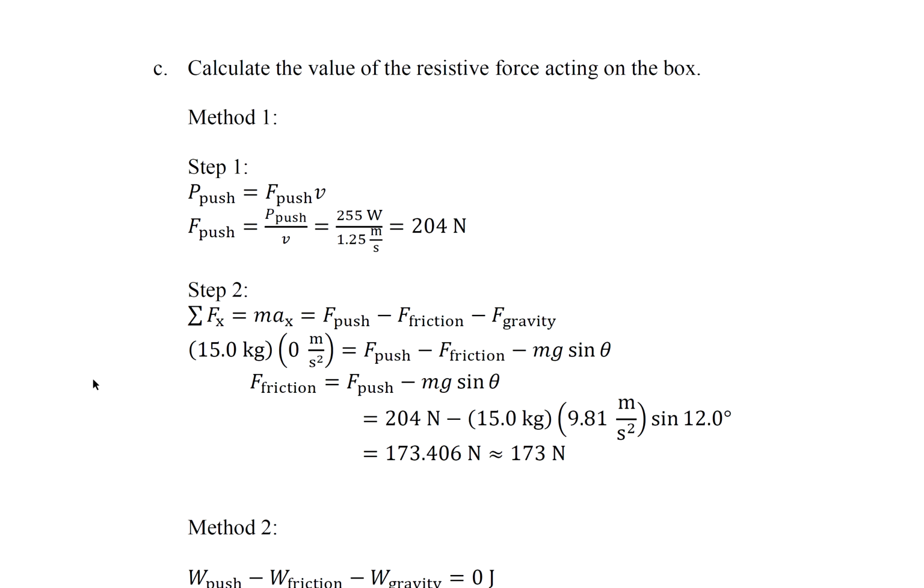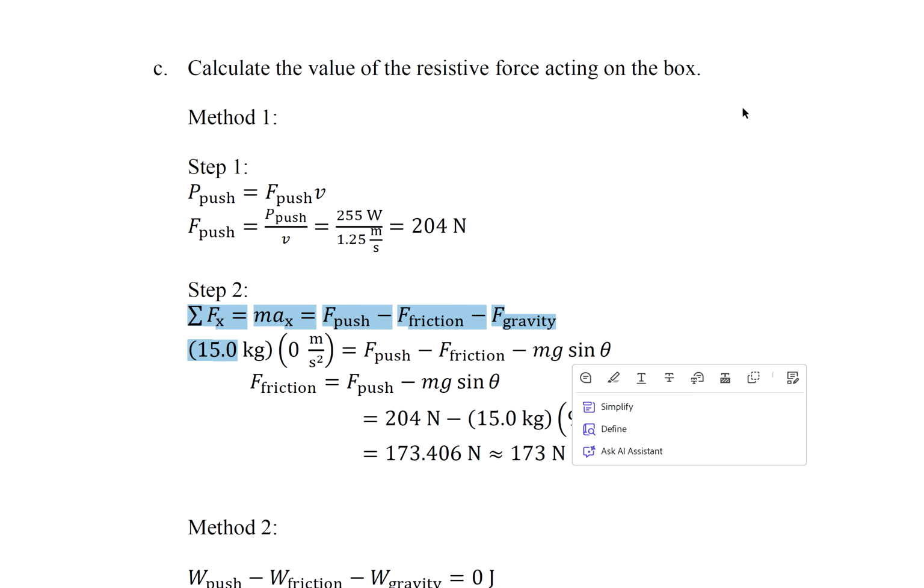Part C, calculate the value of the resistive force acting on the box. So, let's use one method here. Step 1, we could solve for force of push. Step 2, we're going to use this equation: sigma F sub x equals force of push minus force of friction minus force of gravity.